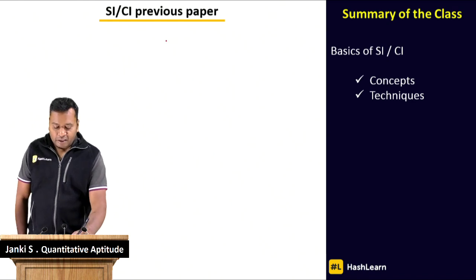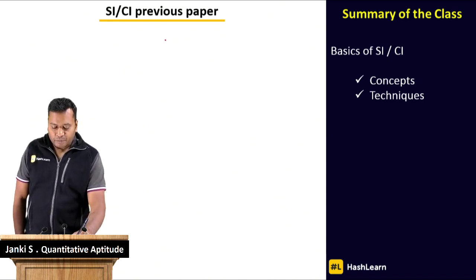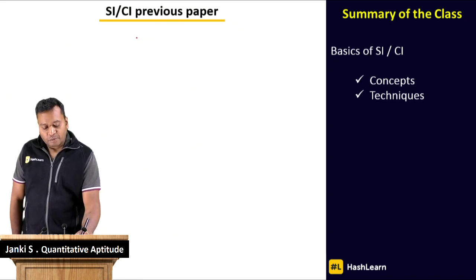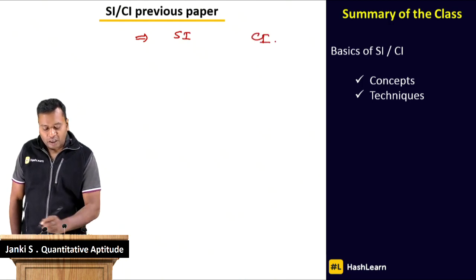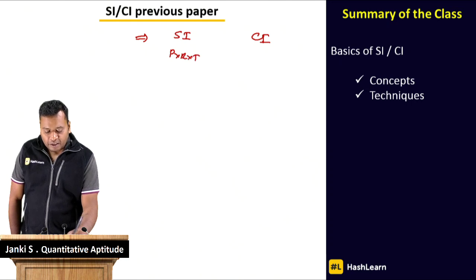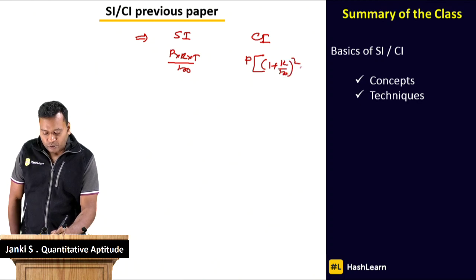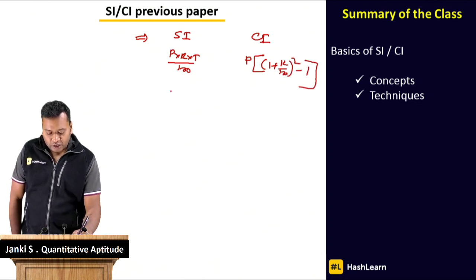As we have learned how to work on the simple interest and compound interest part. The basic important formulas are, I know simple interest is always on the principal value, compound interest is always on the amount part. This thing is P into R into T by 100. This thing is P into (1 plus R by 100) whole square minus 1 is my representation.